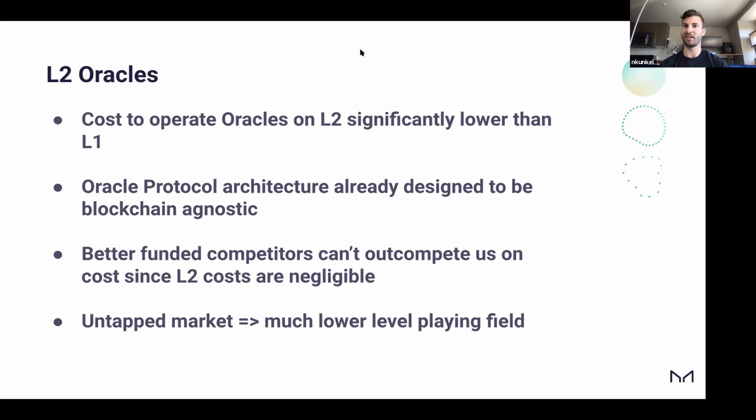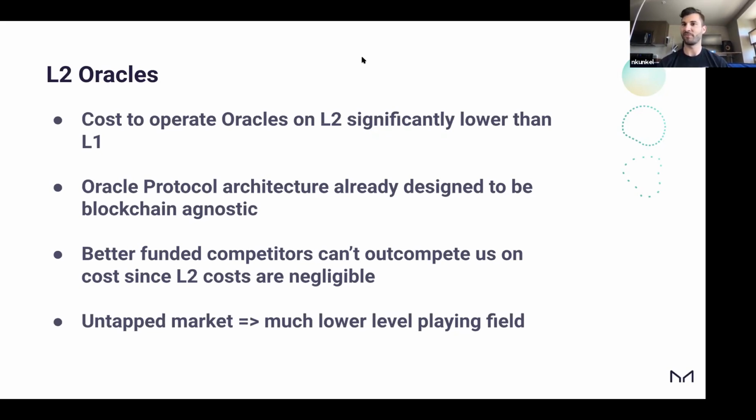This is a really big opportunity from an Oracle's business point of view, because we see that this is the way things are trending, and that the migration to layer two is going to happen en masse. We can offer this service that everyone needs, and it costs us almost nothing to run. So it's almost pure profit. That looks quite attractive from a business point of view.